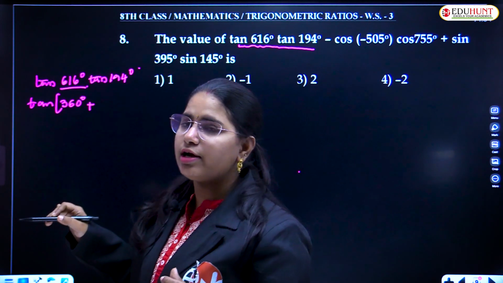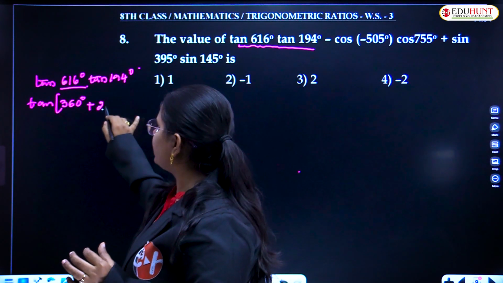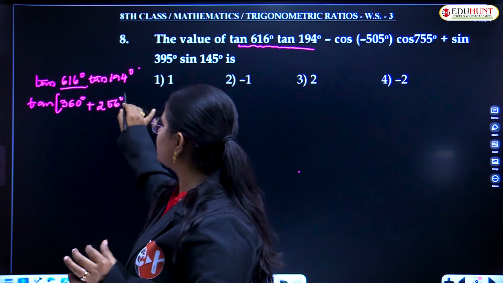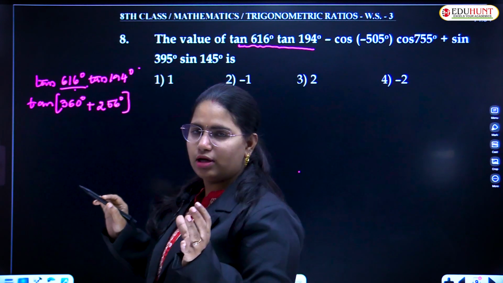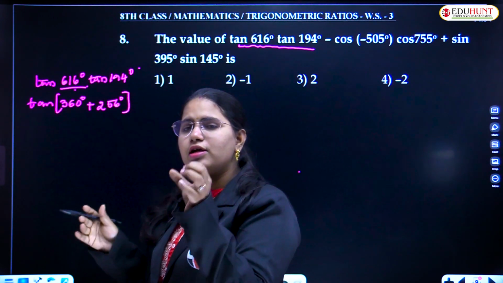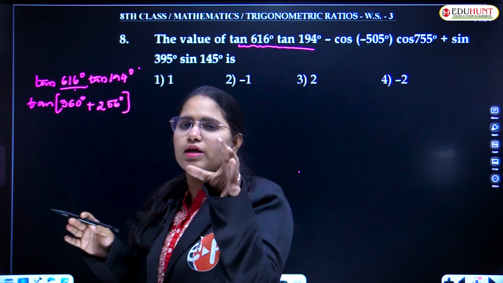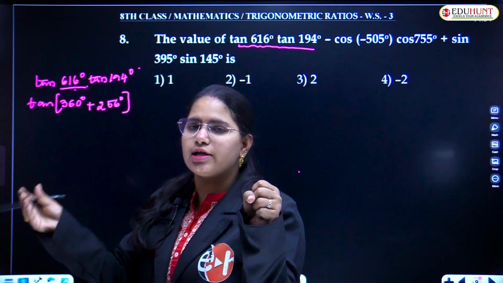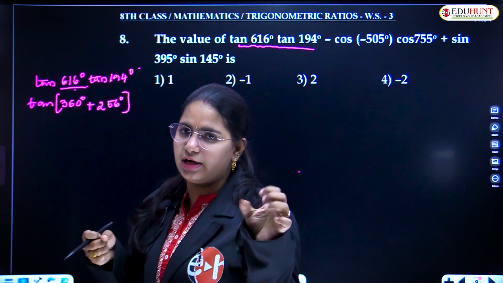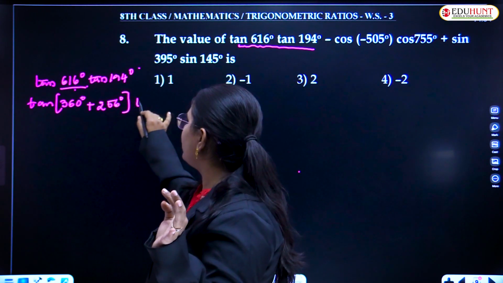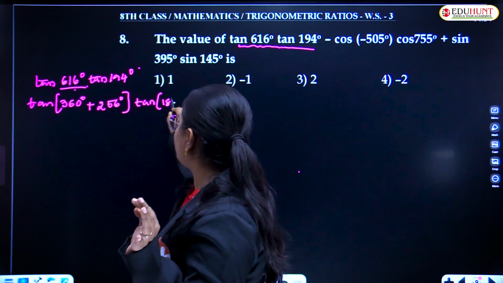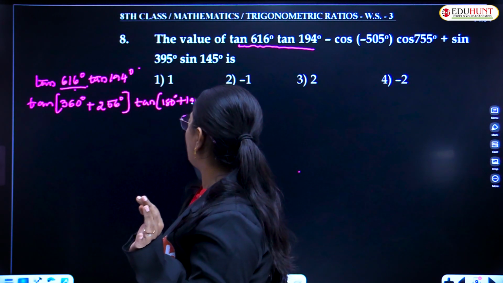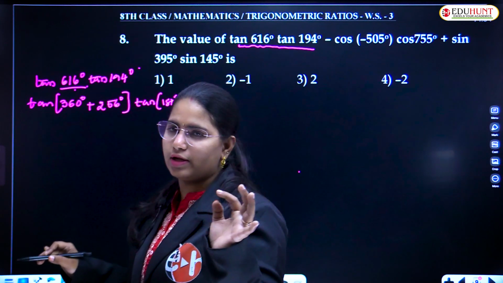It's 256, right? 360 degree plus 256 degree is equal to 616. So next, tan 194 can also be simplified as 180 degree plus 14 degree, correct?